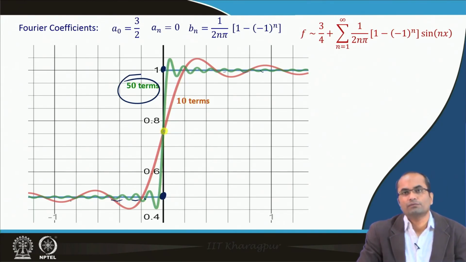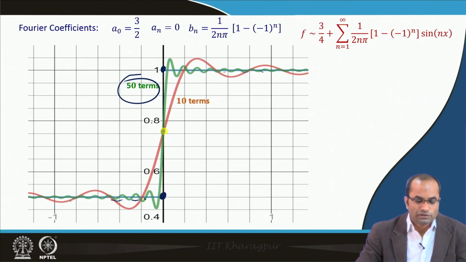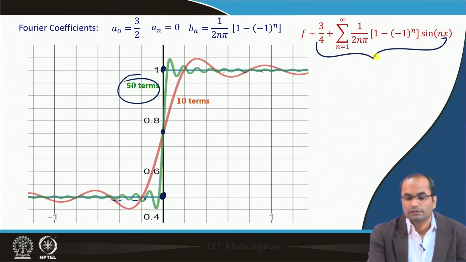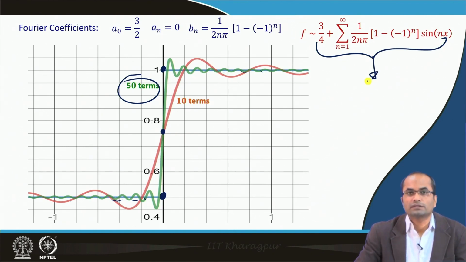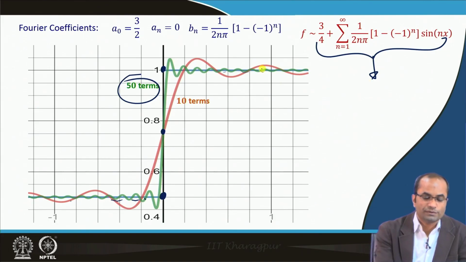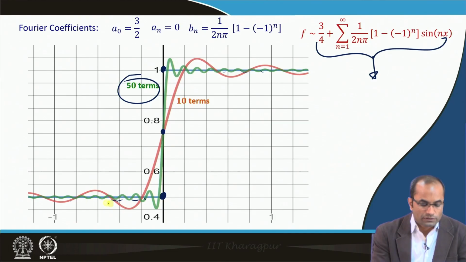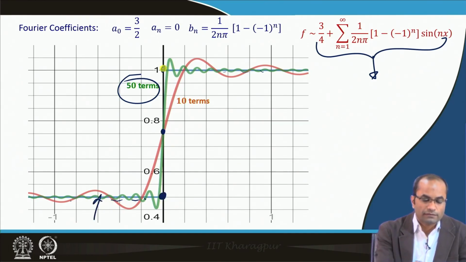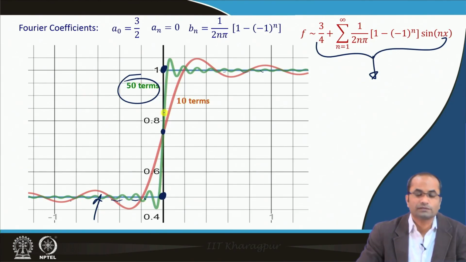That exactly we will observe in the next lecture theoretically: what is the convergence of this series, or in other words, to which function this series converges, because as we can see, this is not converging exactly to the given function f(x), mainly at this point 0.